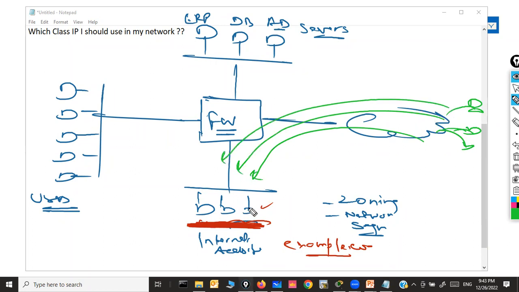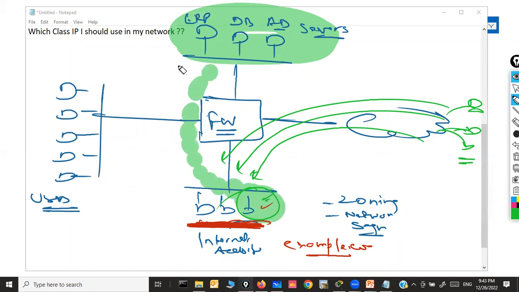Let us assume one of the servers got compromised, attacked by a hacker. Still, my other servers are protected, right? My database server and ERP servers are in a different network segment, in a different zone. So even if the server is compromised, going to these servers is not allowed by this security device, the firewall. I mean, lateral movement is not allowed.